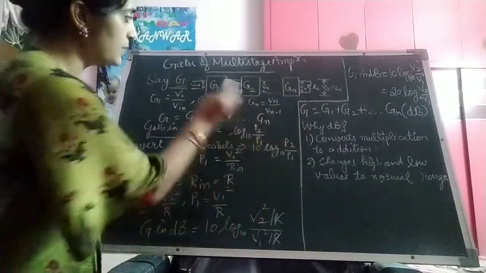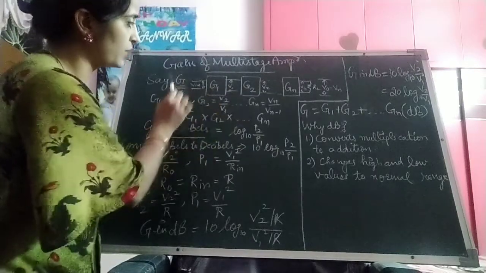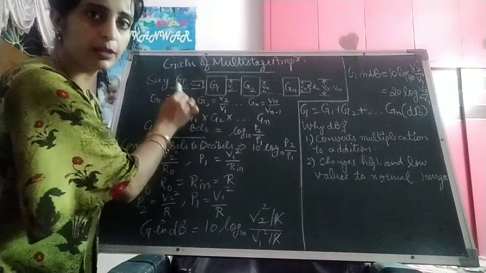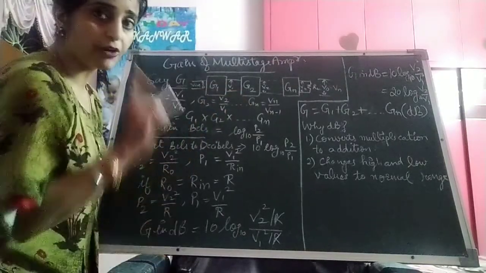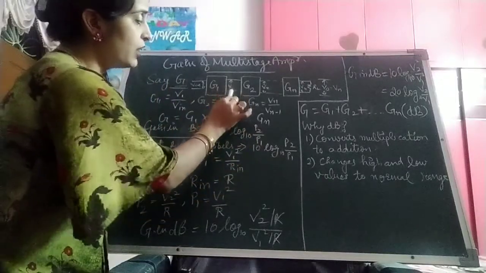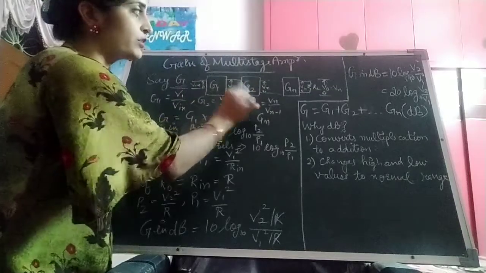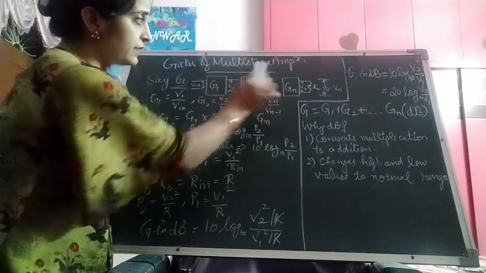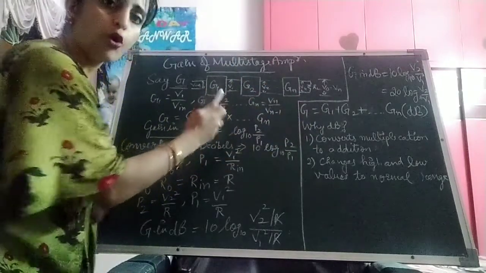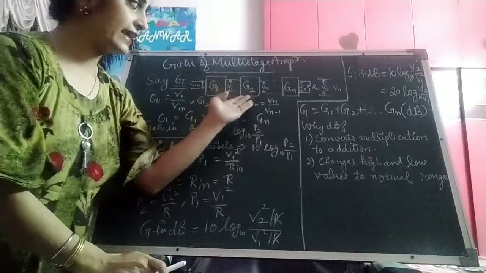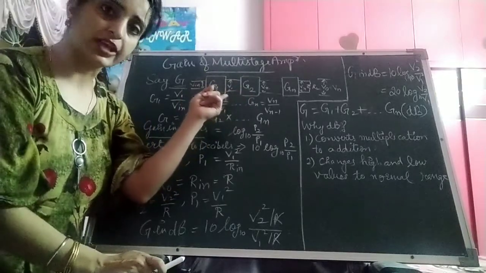And see here the outputs and the inputs I have shown. Vin is the input of the first stage, G1 is the gain, and V1 is the output of the first stage of the amplifier. Now this output of the first stage has become the input of the second stage and the output is V2. Similarly, so on, the input of the second stage is because of the output of the first stage, right?